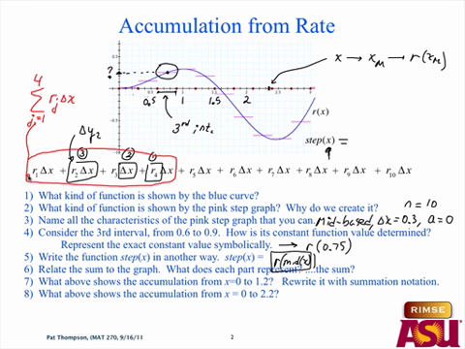Is the middle after 2 2.5? So that extra from 2.1 to 2.2, you need to add another R times delta X times a third.